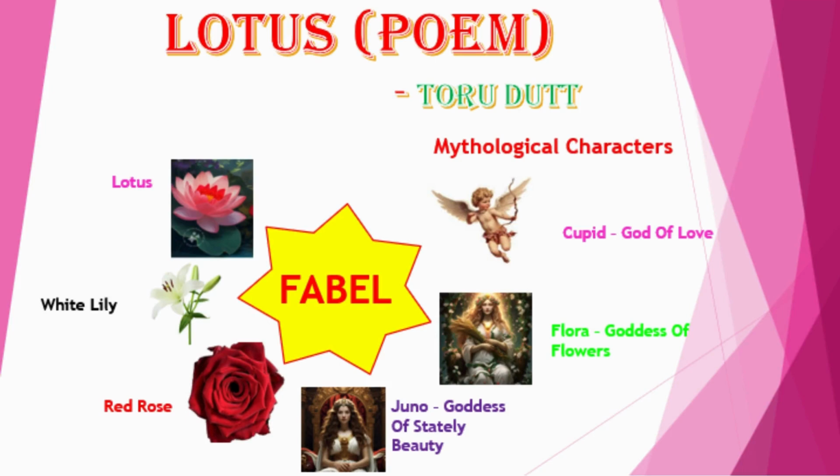In Toru Dutt's poem, the lotus flower serves as a symbol of different aesthetic and cultural values, representing the diversity and complexity of beauty. The central characters in the poem are the rose and the lily, two flowers that epitomize contrasting ideals.